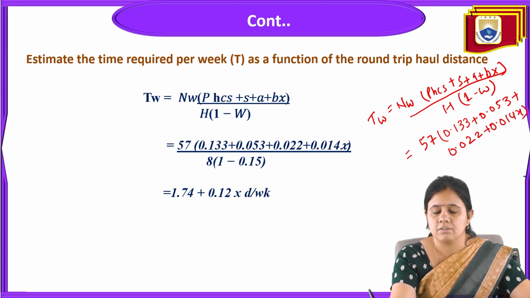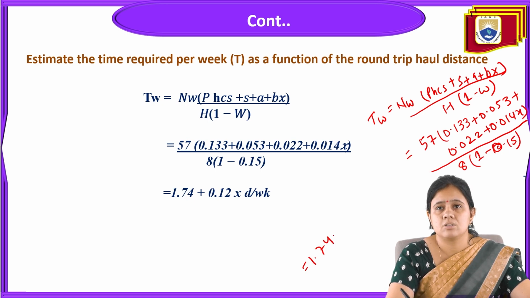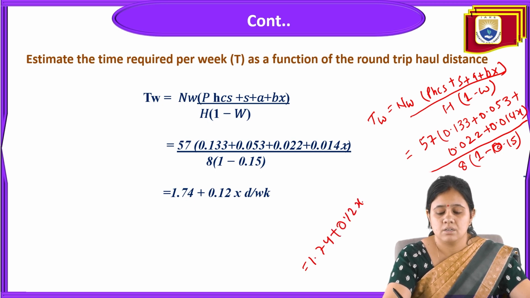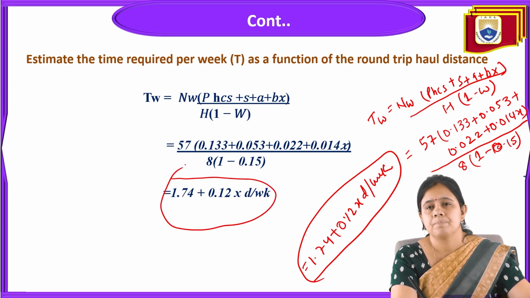And H is the total time, 8 weeks, with 1 minus 0.15, so it is equal to 1.74 plus 0.14x d per week.